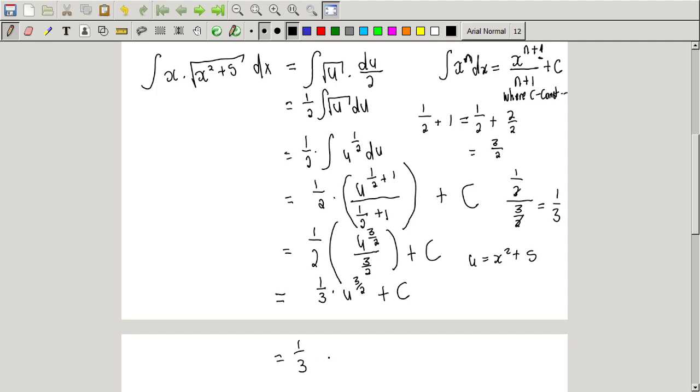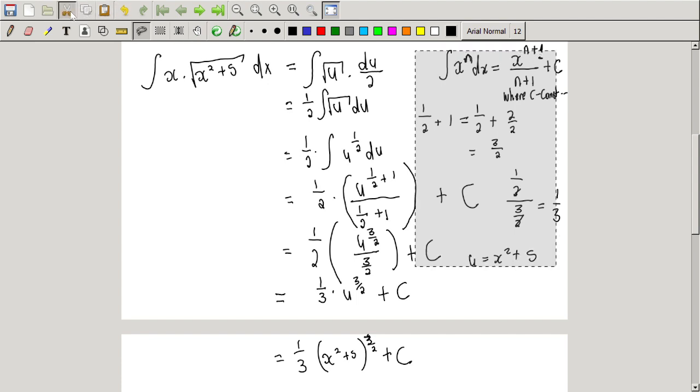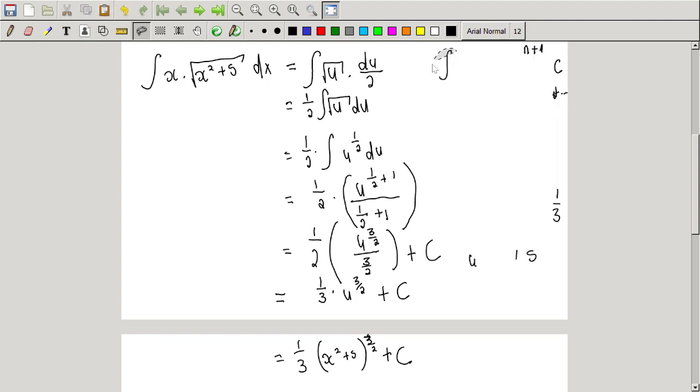So it's going to be 1 over 3 multiplied by x squared plus 5, all to the power of 3 over 2 plus c. That is our solution.